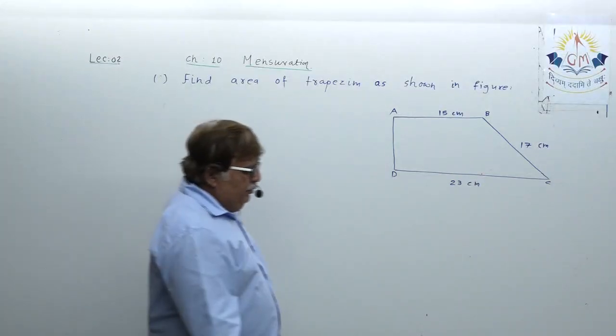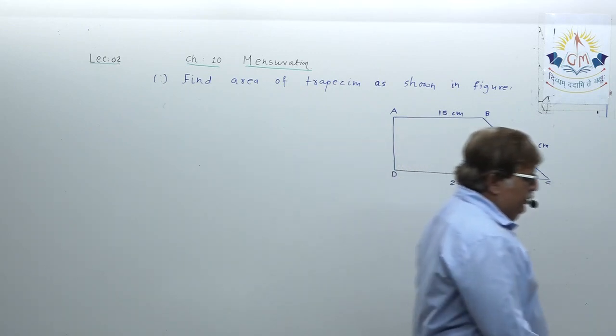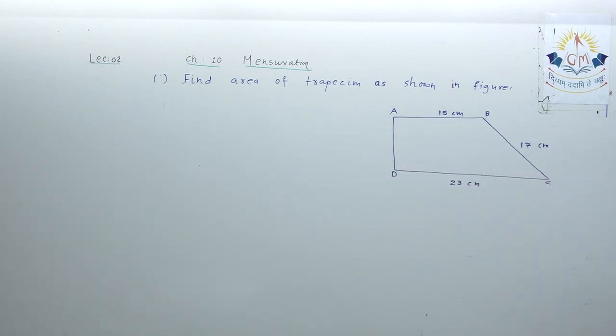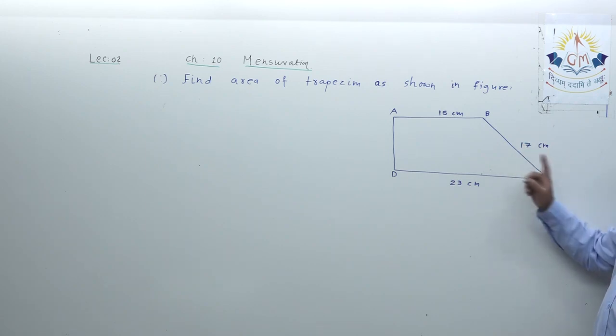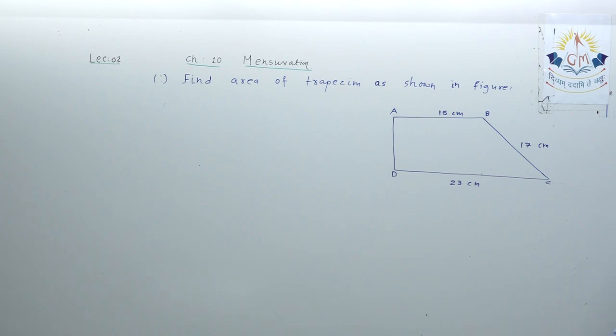Two parallel sides are given, 15 centimeter and 23 centimeter, and out of the two non-parallel sides, one of the non-parallel sides has been given 17 centimeter.